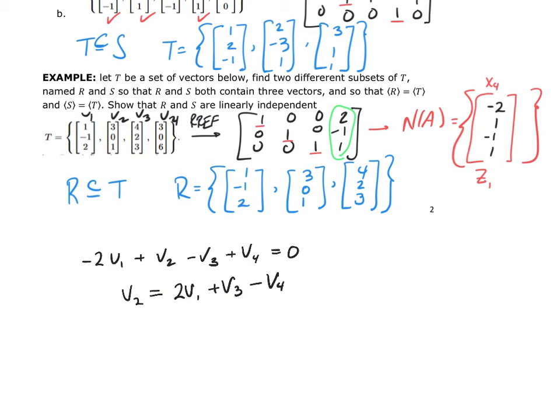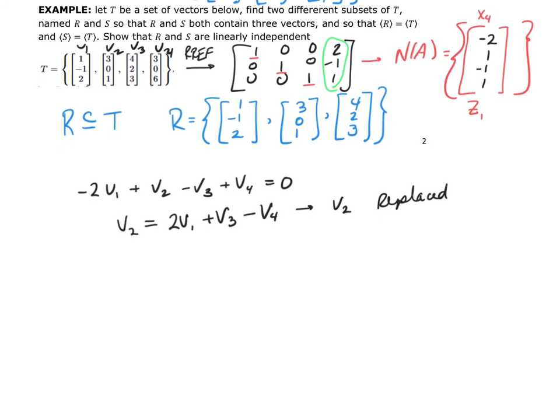So that tells me that V2 can be replaced with a linear combination in terms of the others. And so another possible solution is to take the first vector, my third vector, and my fourth vector. So here's another potential combination.